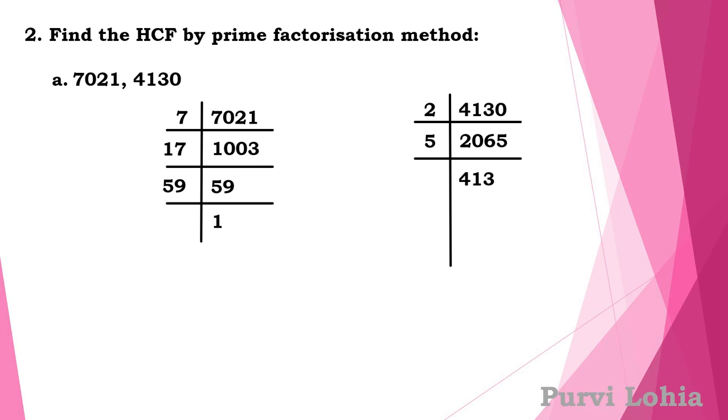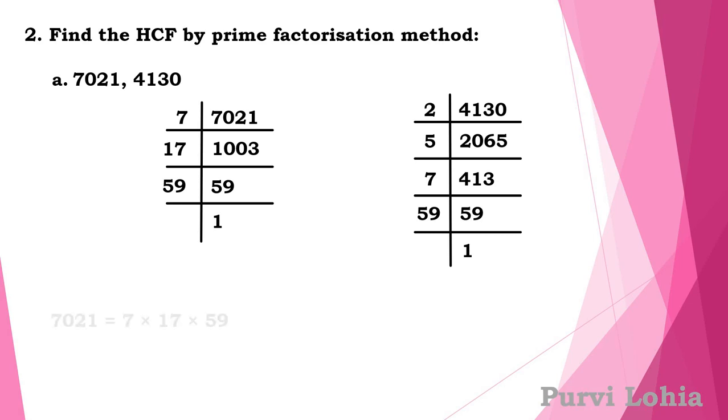Now, by which number is it divisible? Okay, it is divisible by 7. And it will give 59 as the quotient. Again, 59 is a prime number. So it will be divisible by itself. And it will give 1. Okay, so the prime factorization of both the numbers have been done.